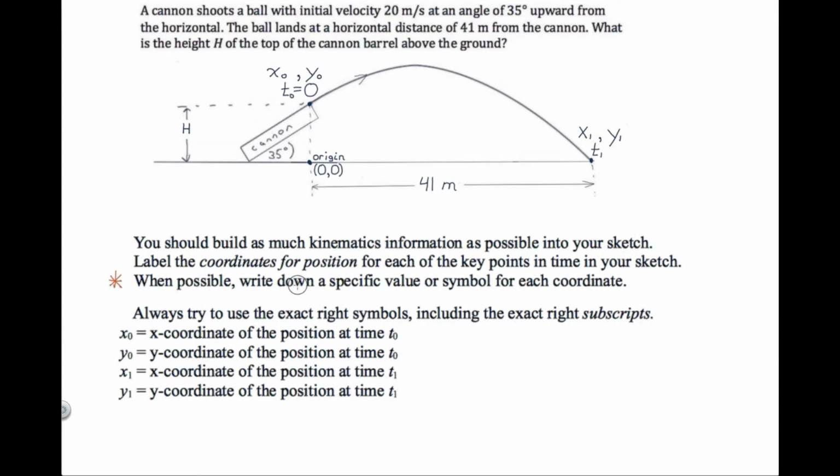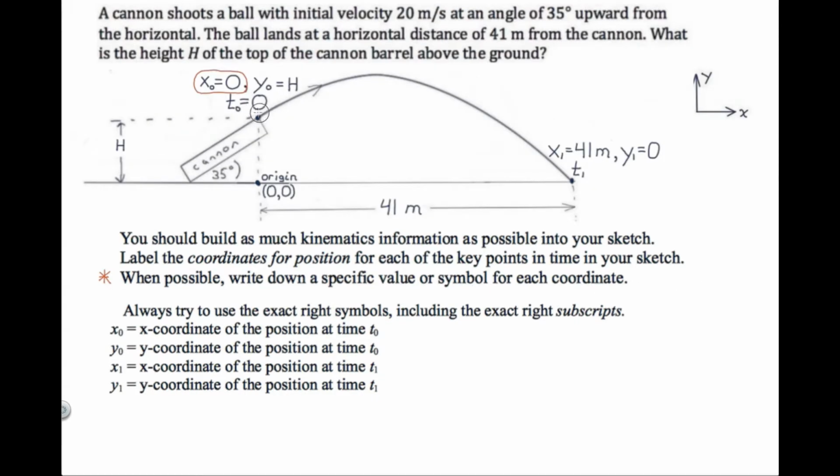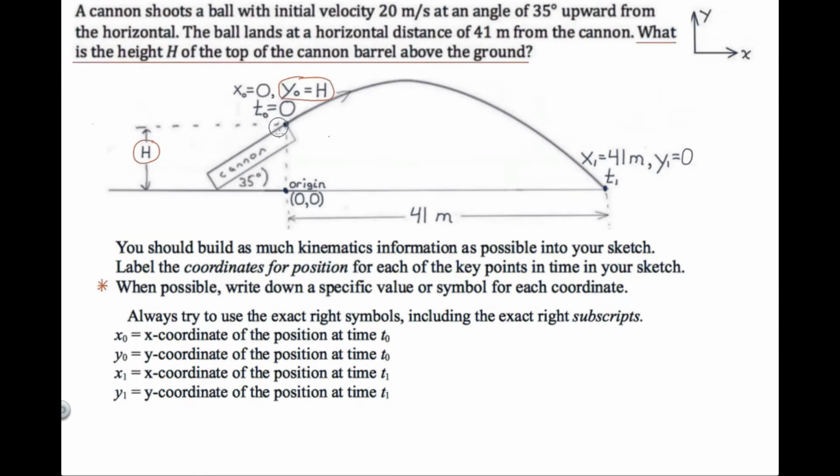When possible, write down a specific value or symbol for each coordinate. This position has the same horizontal location as the origin, so x sub 0 equals 0. This position is located at a vertical distance of h above the origin, so y sub 0 equals h.